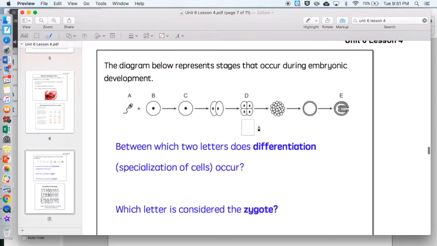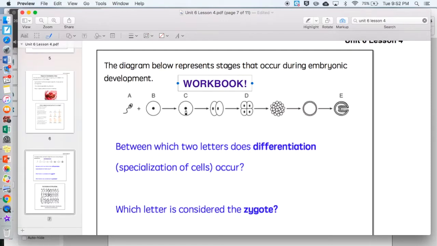All right, this you will find in your workbook because I'd like you to try these on your own. So, go ahead, answer these in your workbook. This is a Regents question, so sometimes they'll show you a diagram like this. It's pretty simple, pretty basic, and you get to figure out what's happening at each stage. So you should recognize what A and B are at this point. B and C look the same, but notice this arrow between them.